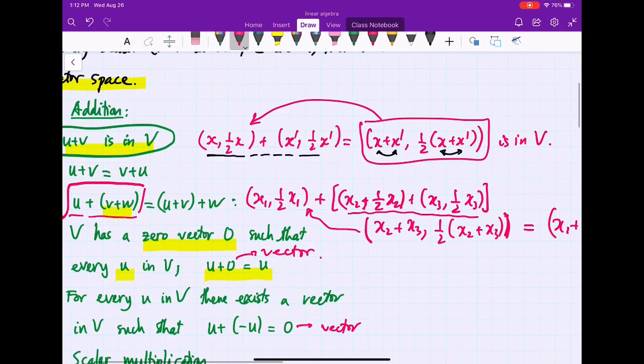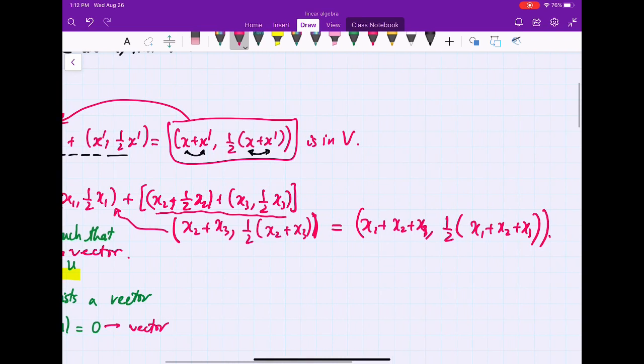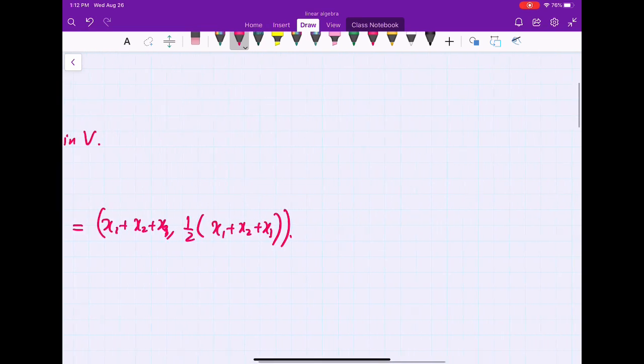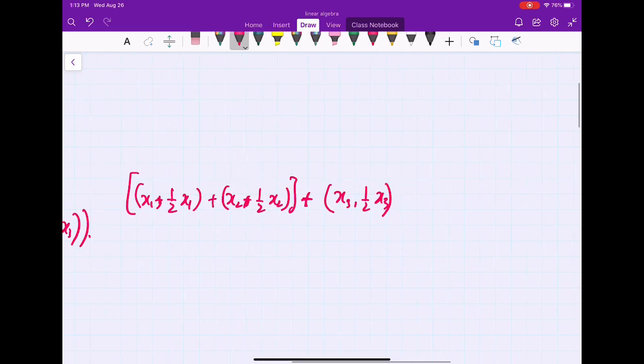Now you check the right hand side, u plus v plus w, right? So you add the first two vectors. If you add x1, 1/2 x1 with x2, 1/2 x2, right? And then you add the third one. We just need to check that carefully, okay?